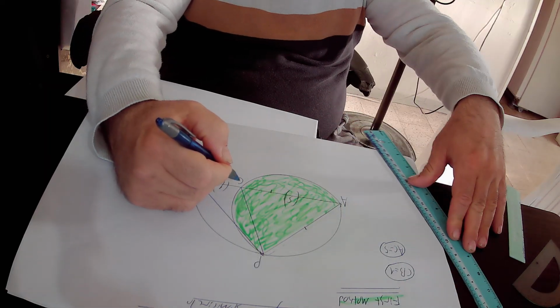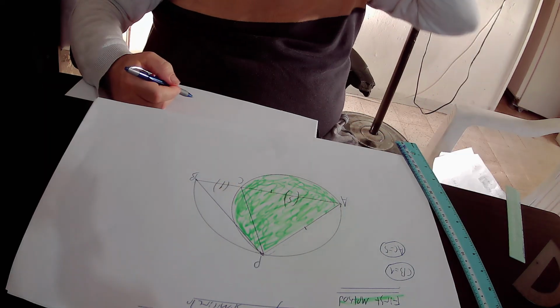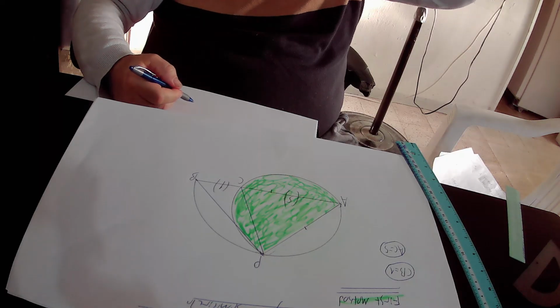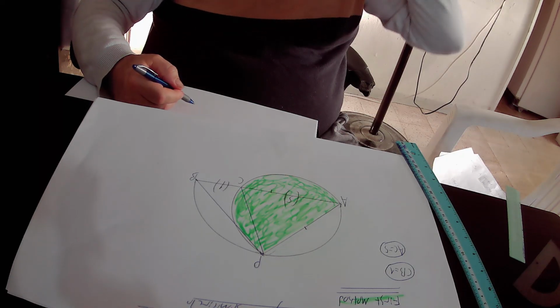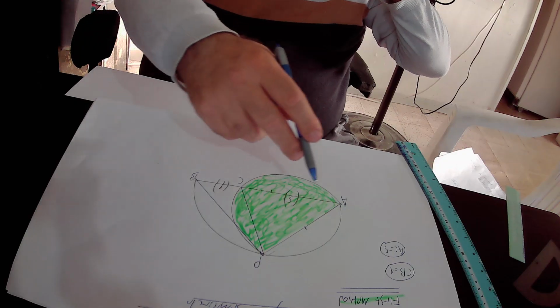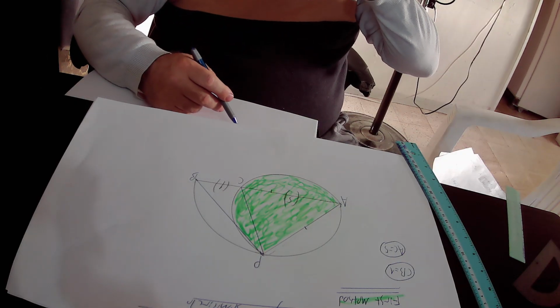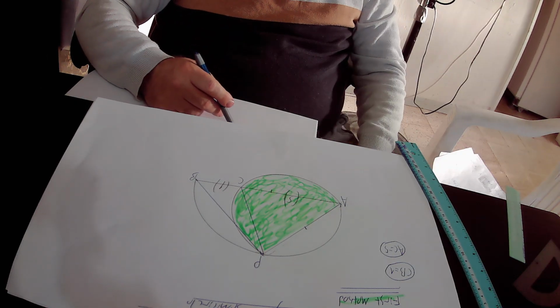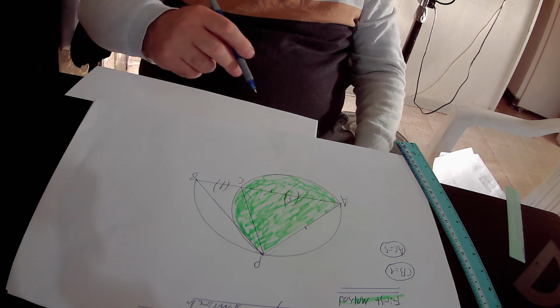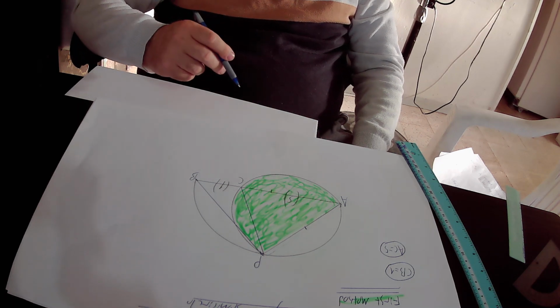And I'll copy the green semicircle and we'll implement rule 7 on the green semicircle.